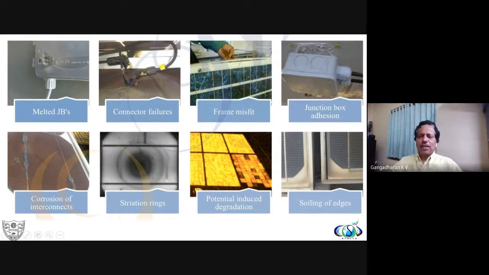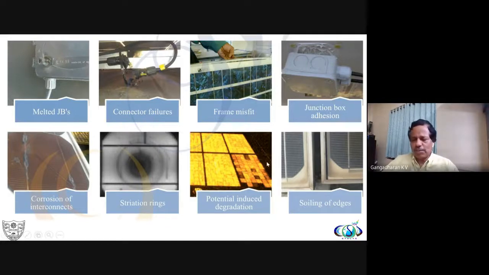Many such faults; I have just listed all the faults which we normally look at. Potential induced degradation is quite common in many PVs, especially if we are not looking at a PV of an ISO certified kind, then potential induced degradation is quite common.